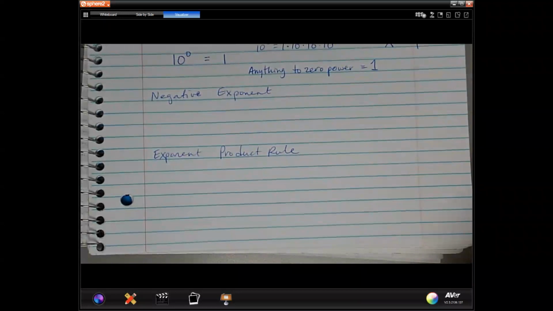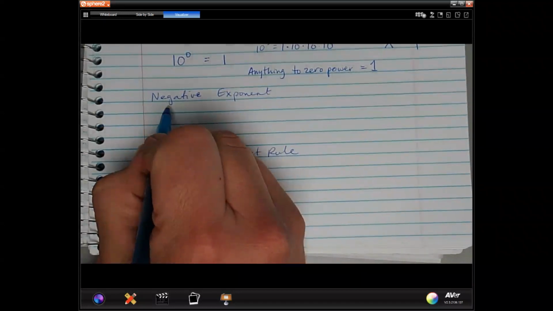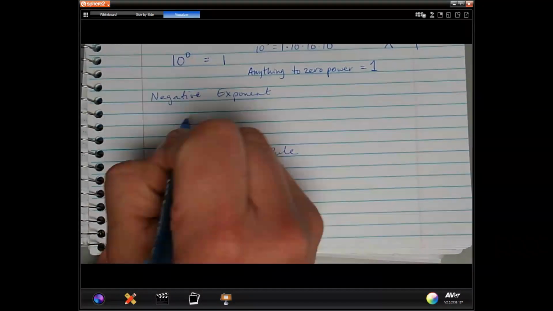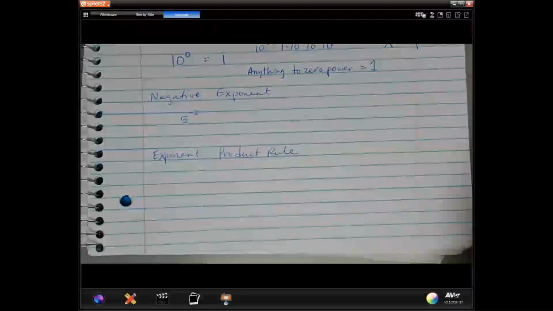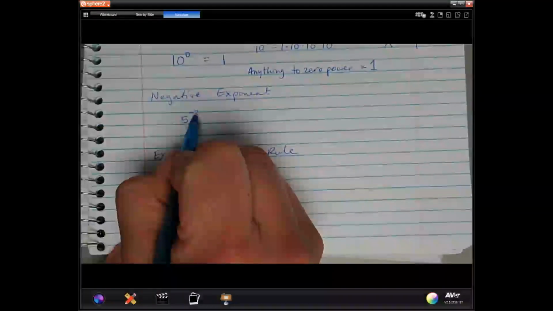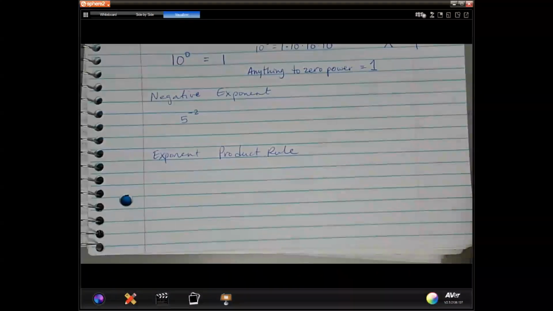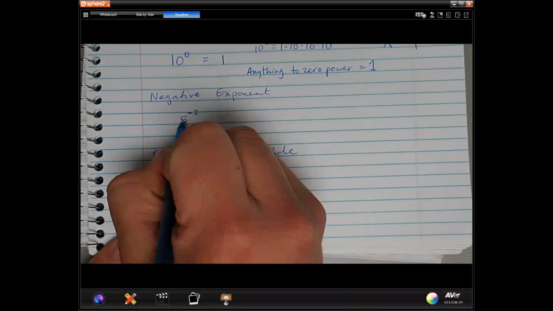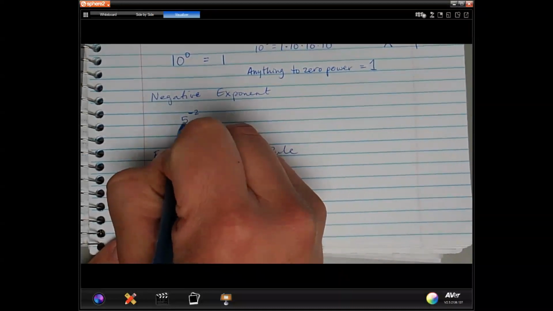When we talk about negative exponent, we need to be considering that negative exponent and thinking about reciprocal. If we take 5 to the negative second power, this negative power in no way changes the base to anything that is negative. It simply tells us that rather than multiplying repeatedly by this base, we're taking the inverse or the reciprocal of this base.